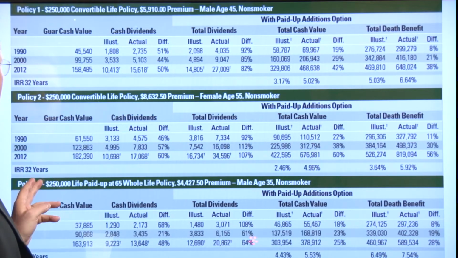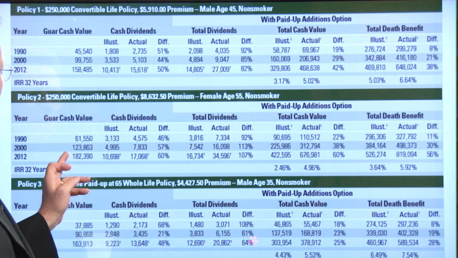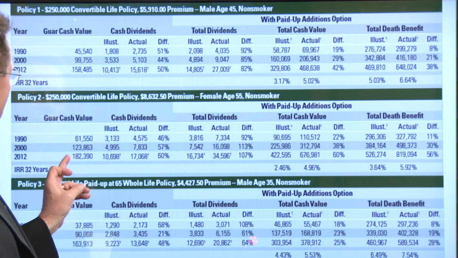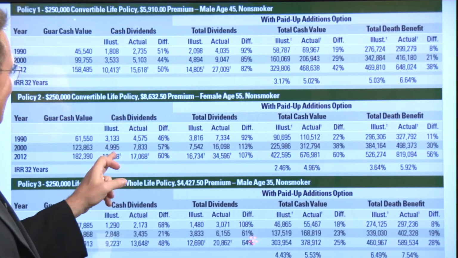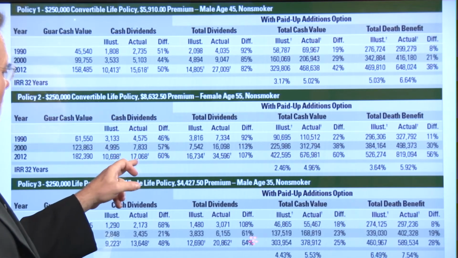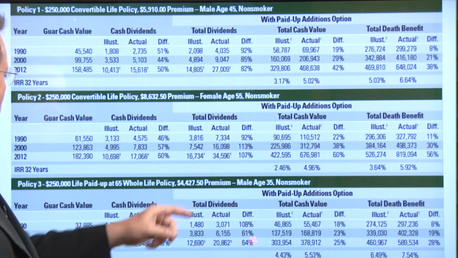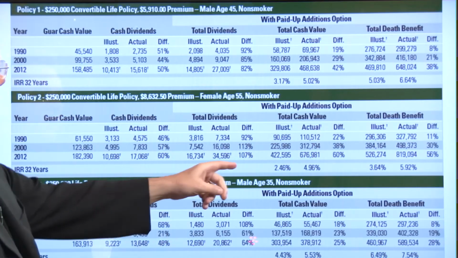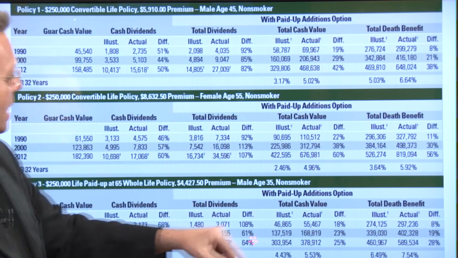And we look at the projections, the guaranteed cash values after 32 years of $182,000. The illustrated cash dividends were at $10,068, but they actually paid $17,000. The actual total dividends were $16,732, and then the actual dividend paid $34,596.